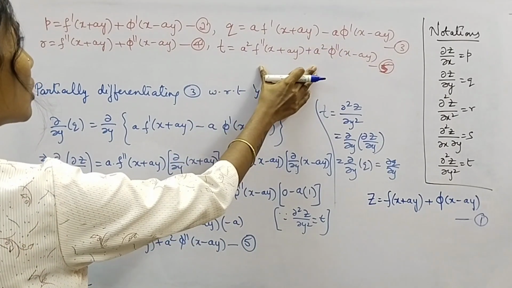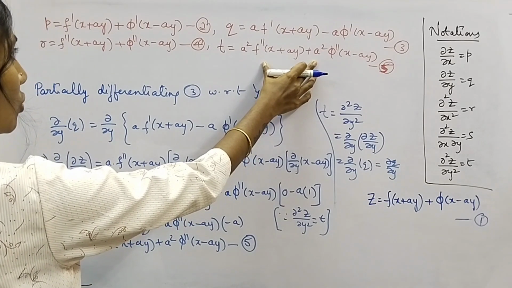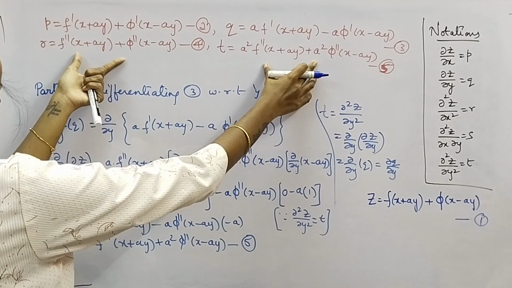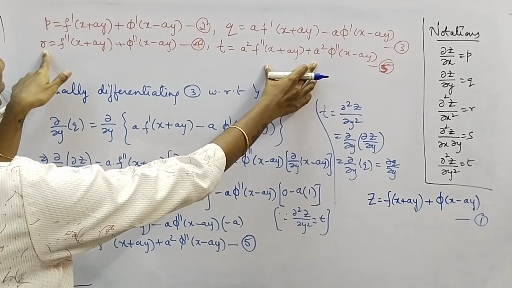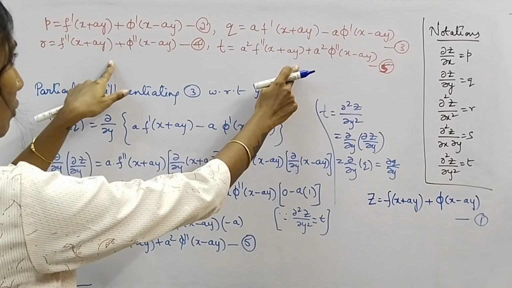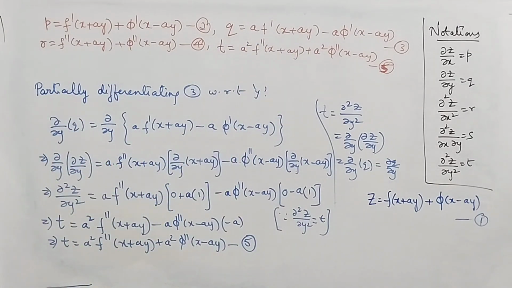If you take a square common from these two terms, you will get a square times f double dash plus phi double dash. Also we have f double dash plus phi double dash equal to r, right? So using equations 4 and 5, we'll get the required result, that is, the required partial differential equation. Let's see.